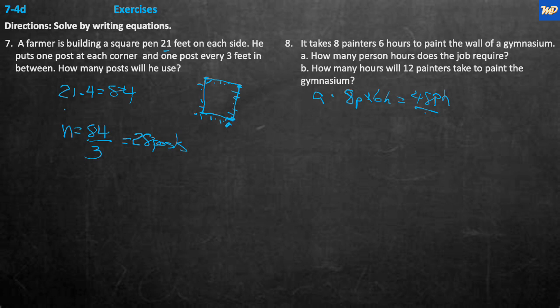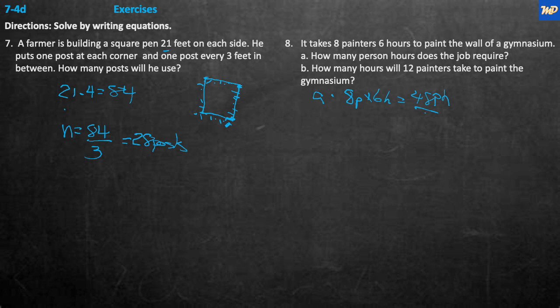So if 8 painters take 6 hours, which is 48 person hours, then with 12 painters, we say 12 painters times H for the number of hours is equal to 48, because it's the same efficiency. That's the key. The same amount of painting is going to be done, but it's going to take fewer hours.